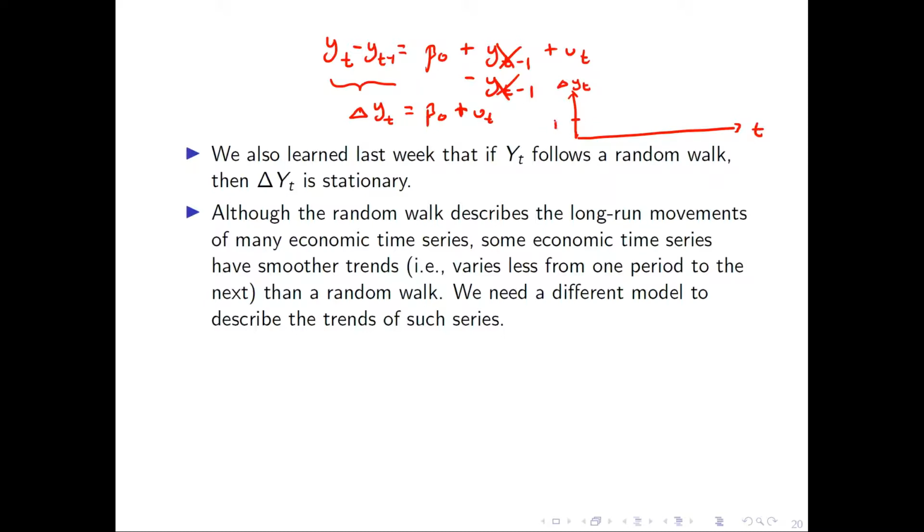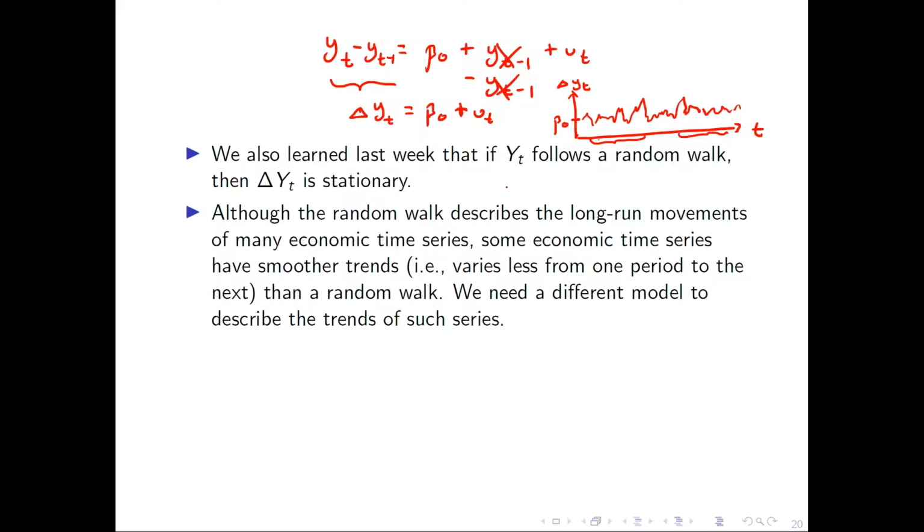Then we would have beta naught here, and we would have a process which has the same mean and the same variance no matter which time period you are looking at. So this is stationarity.